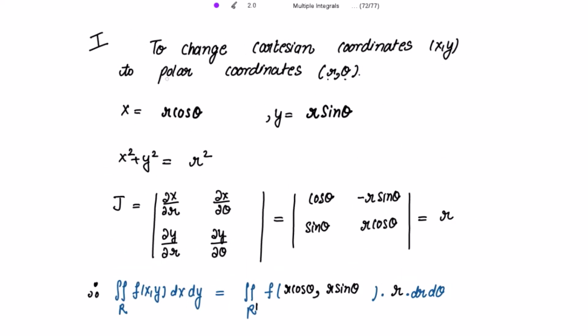The formula for polar coordinates is writing f in terms of r theta and multiplying with the determinant of the Jacobian, which is r, then dr d theta.